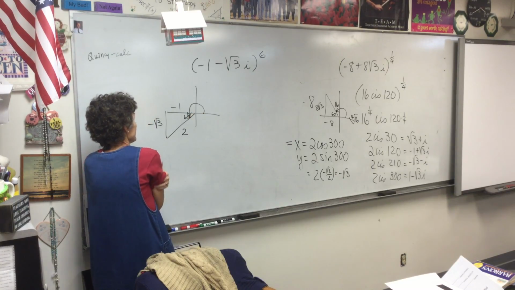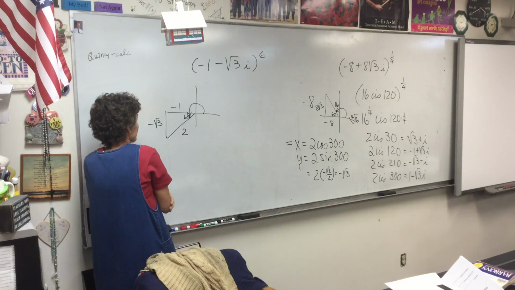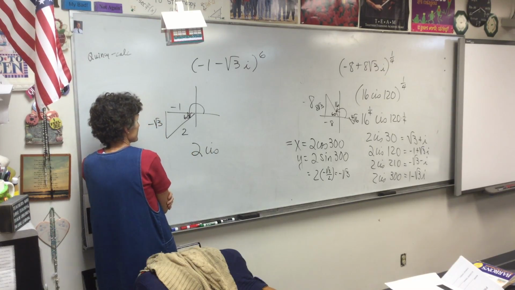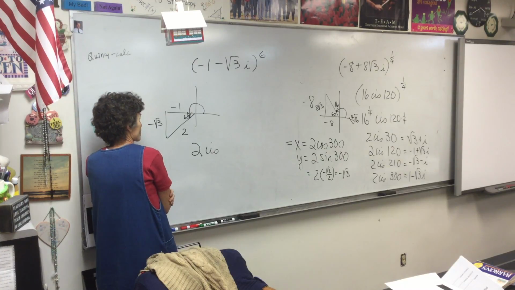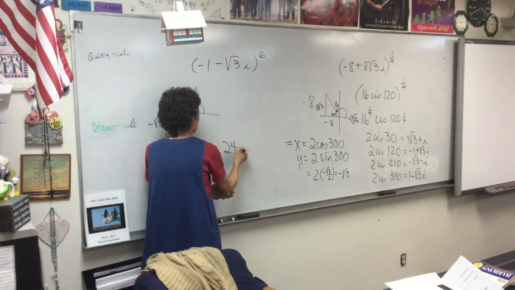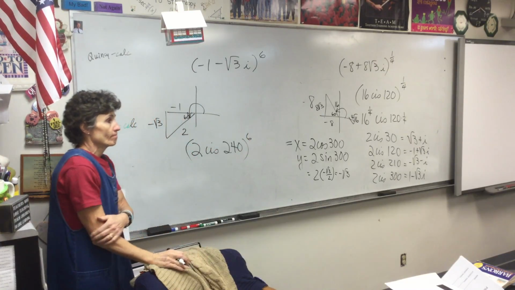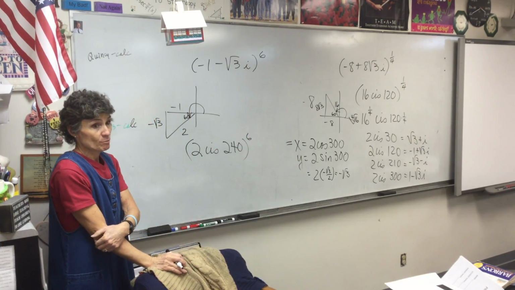So, let's see, I need r and theta. r is 2 and theta is 240. And that's what I'm going to raise to the 6th power now.